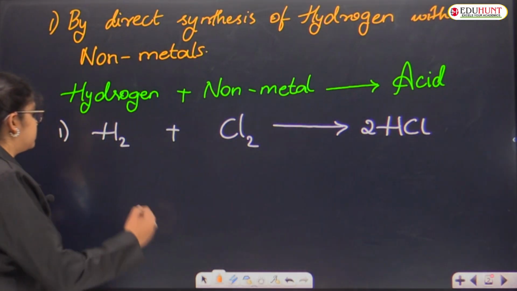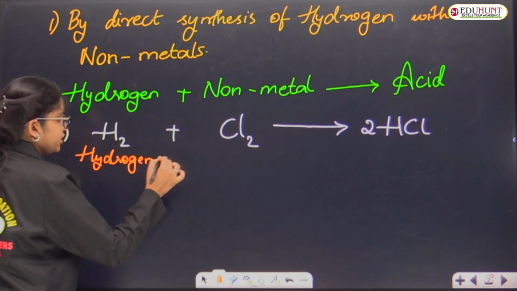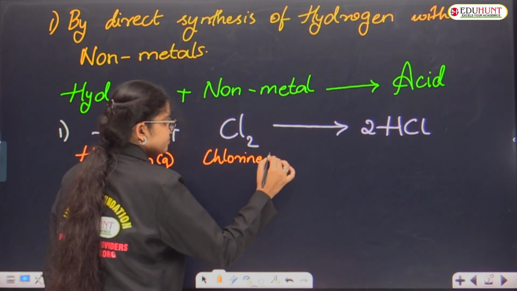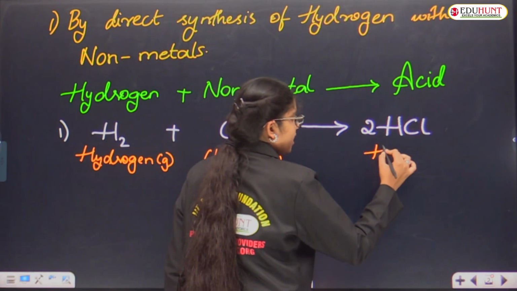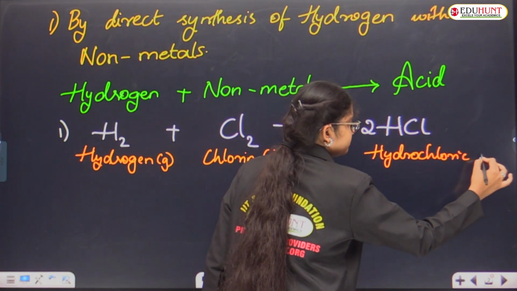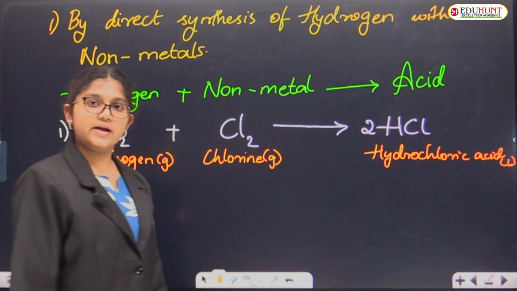This is hydrogen gas. This is chlorine gas. And this is hydrochloric acid. This is in liquid condition. L means liquid state.